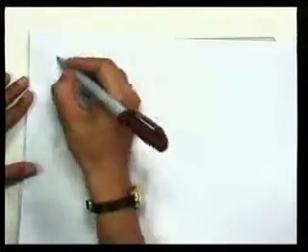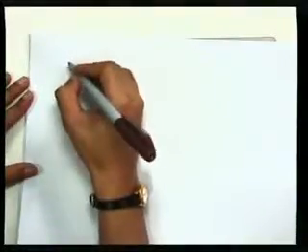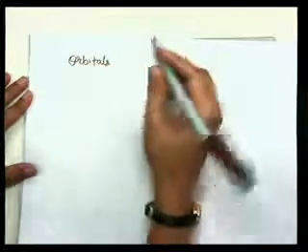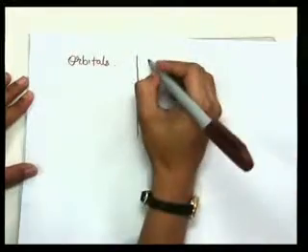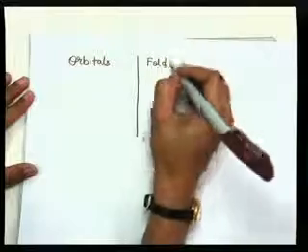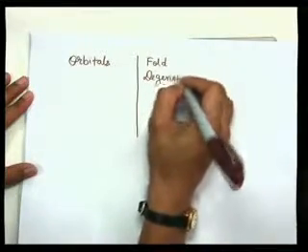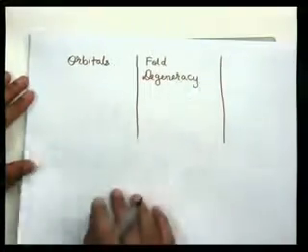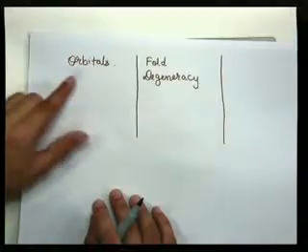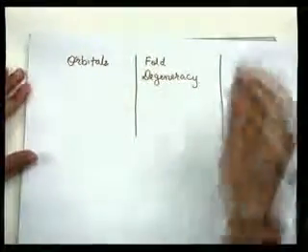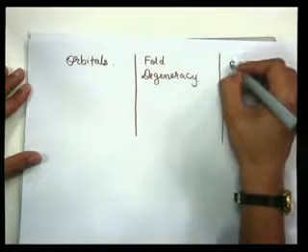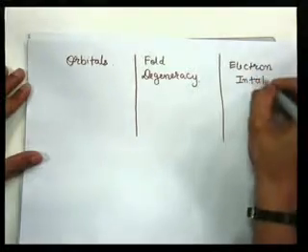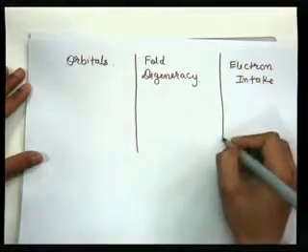One more table that one has to remember has basically 3 columns: orbitals, fold degeneracy and maximum electron intake. We have calculated all these things earlier. We will just compile all the data.